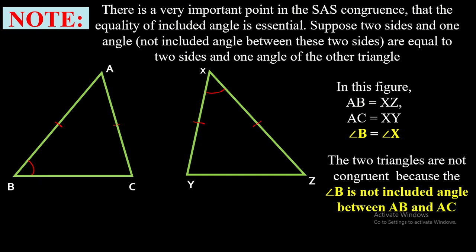So we can't say that the two triangles are congruent because angle B is not the included angle between these two sides.